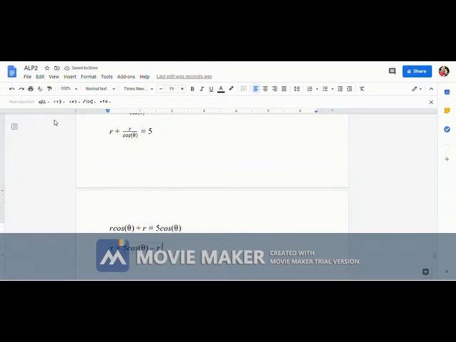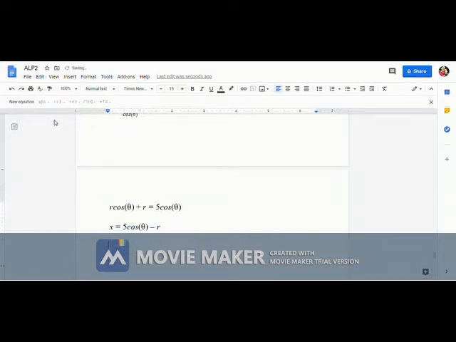Now we're going to multiply this equation by r, so xr, sorry, let me start a new equation, xr equals 5r cosine theta minus r squared.